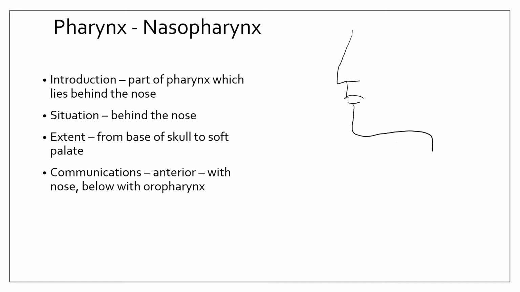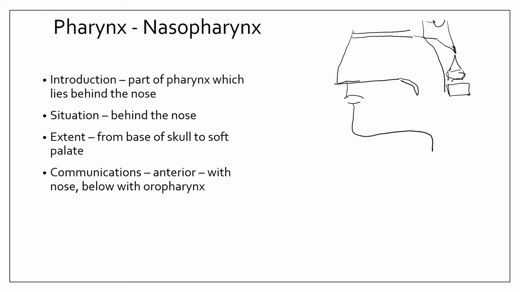So anteriorly it is bounded by the posterior apertures of the nose. So this is the hard palate, this is the soft palate, and this portion we are going to study like this. This is the nasopharynx.